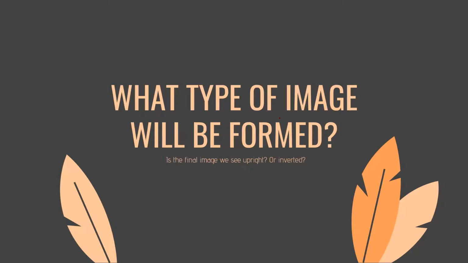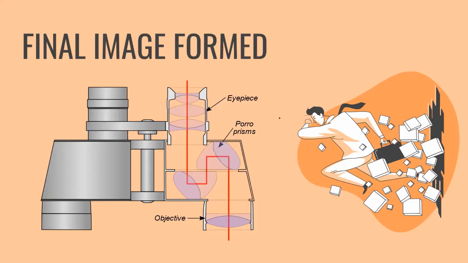And what type of image will be formed by the binoculars? Is the final image we see upright or inverted? And we can see, while the object is coming through inside the binocular, it is in this position. After passing through the objective, it is inverted up and down, and inverted left and right.